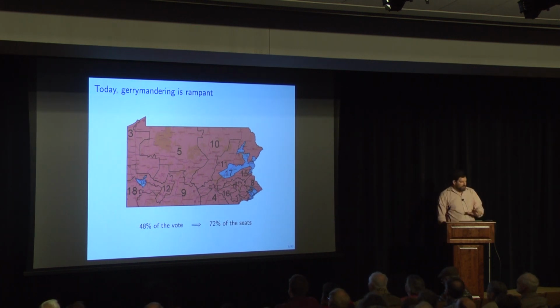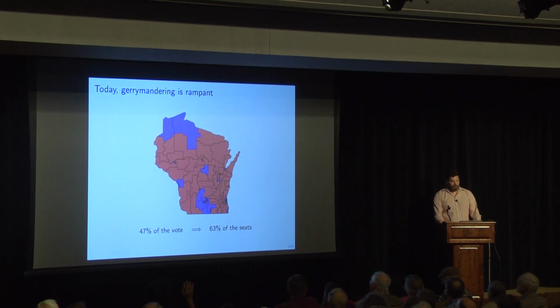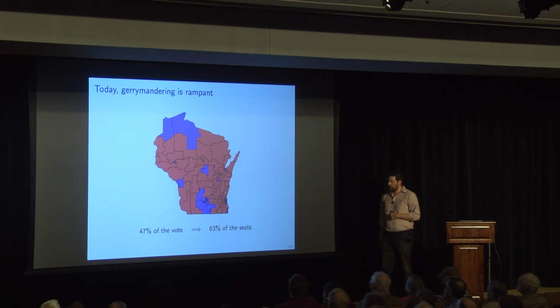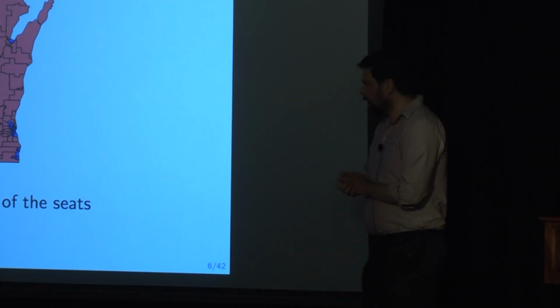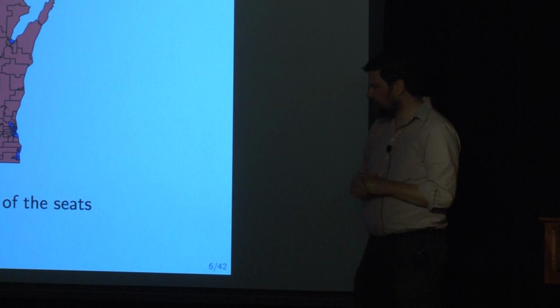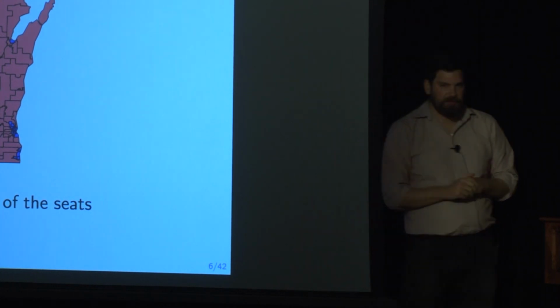These two examples were for US congressional districts. This is for the Wisconsin State Assembly. This was the subject of Gill v. Whitford, a recent Supreme Court case. And you're able to score north of 60% of the seats from less than half the vote.